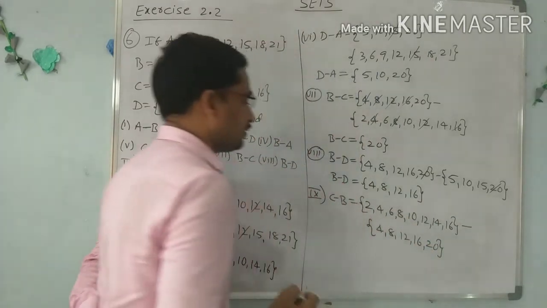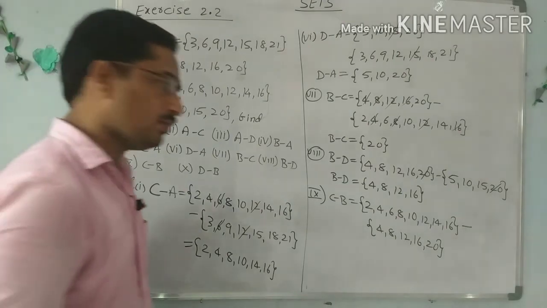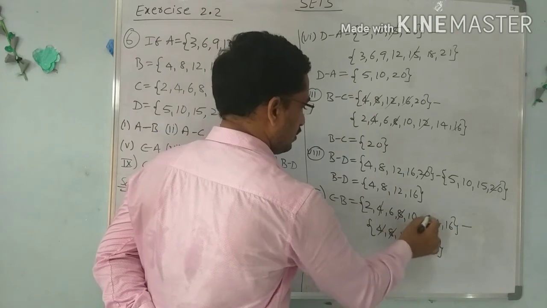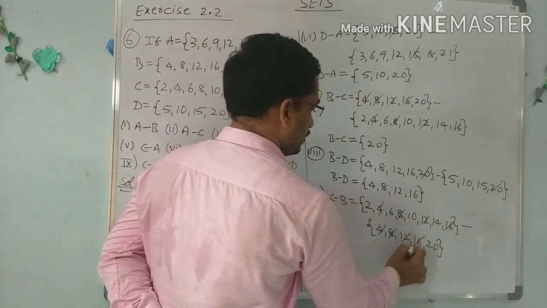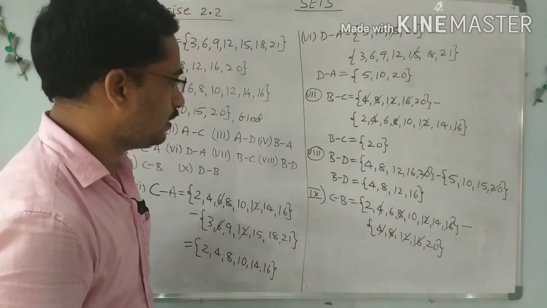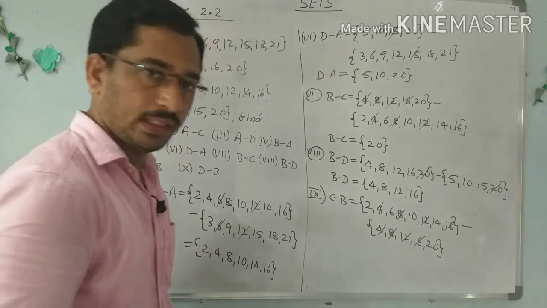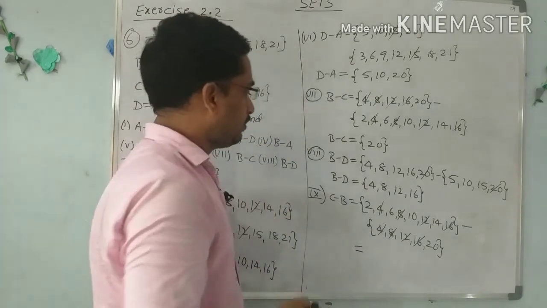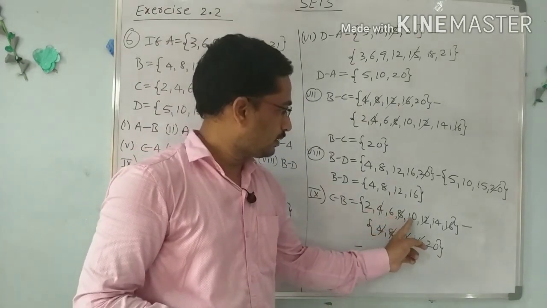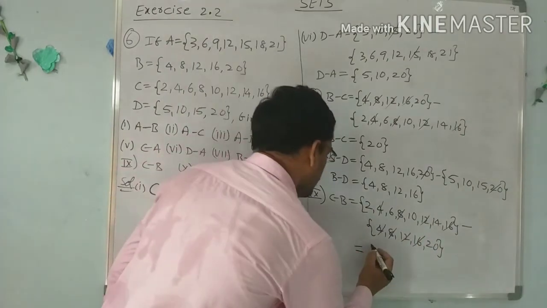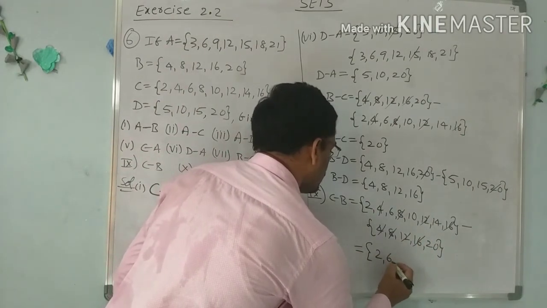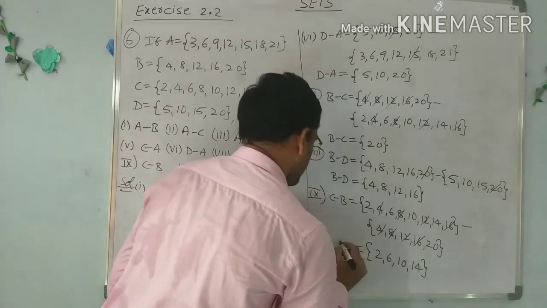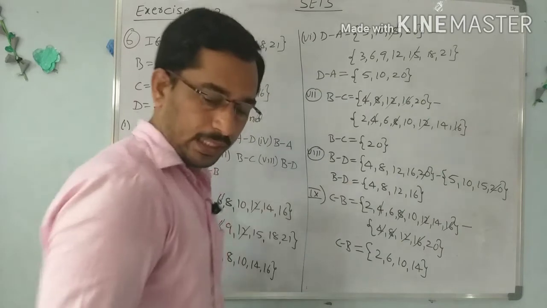So we have to do the same thing again. Cancel the common elements: 4, 8, 12, 16. The remaining elements of C minus B are 2, 6, 10, 14.